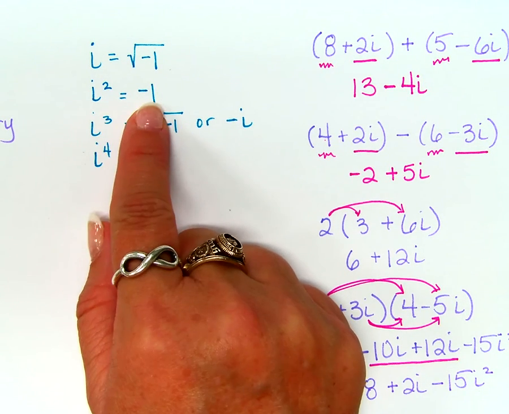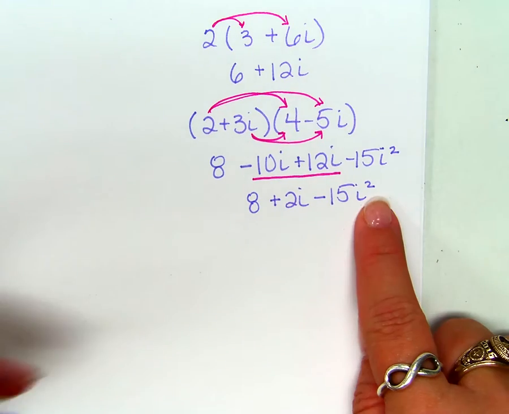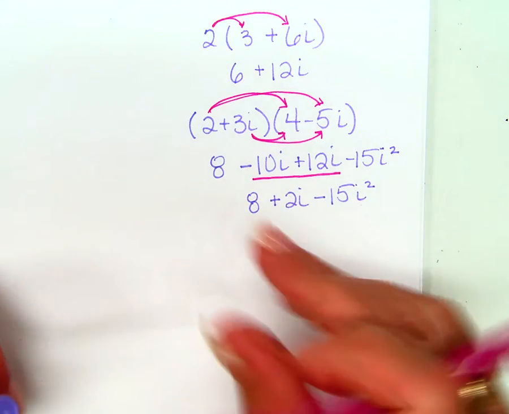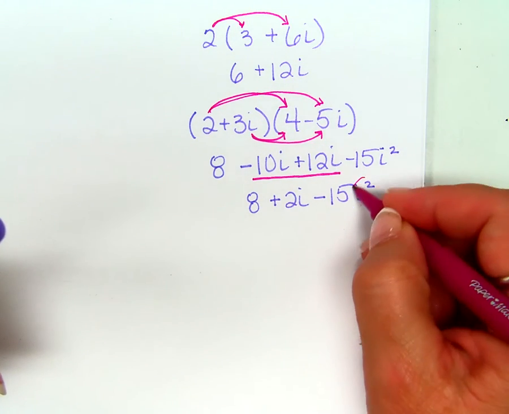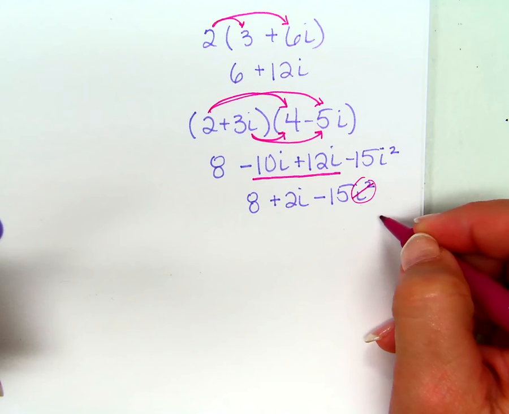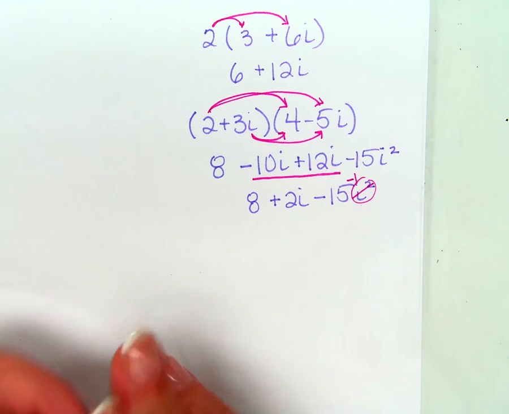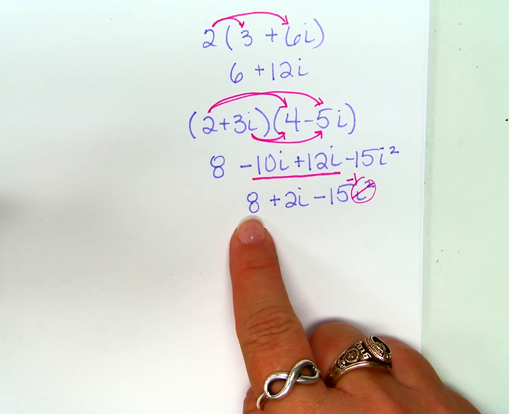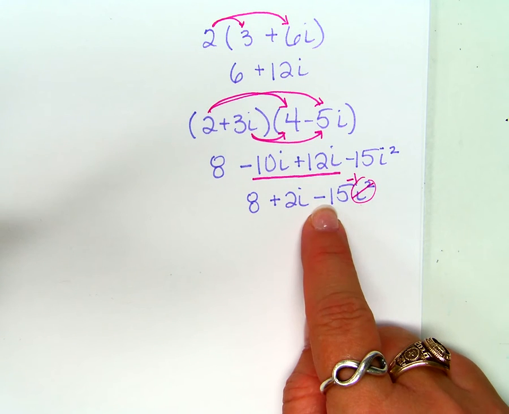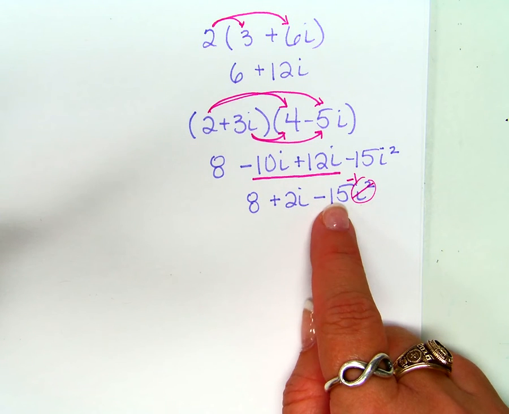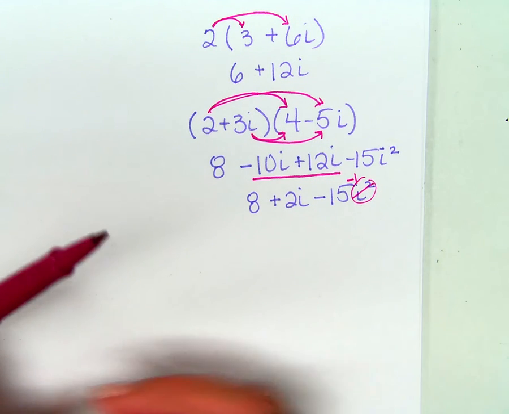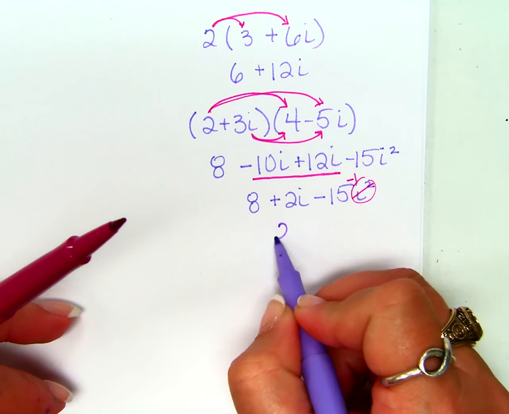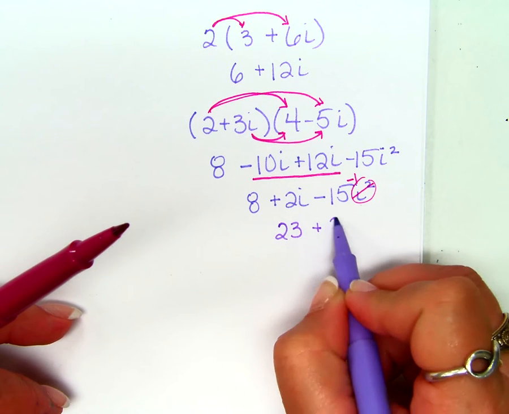It's negative 1, right? I don't want to leave an i squared if I have a choice, and I do. This is not really i squared anymore. It's really times a negative 1. So this is really 8 minus a negative 15. So 8 plus 15, which is 23.